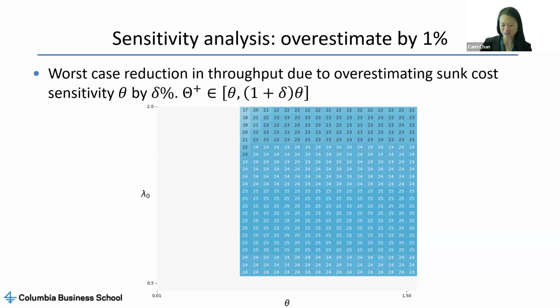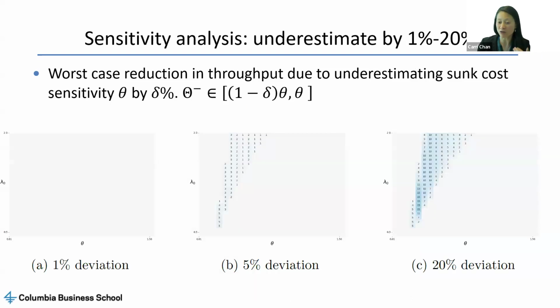All's not lost. If you look in contrast, so this is overestimating, so thinking theta is bigger than it actually is. What if you think theta is smaller than it actually is? And so if we allow the same 1% deviation, there's actually no impact on throughput by having an underestimate by 1%. If we allow 5% deviation, there's a little bit of an impact.